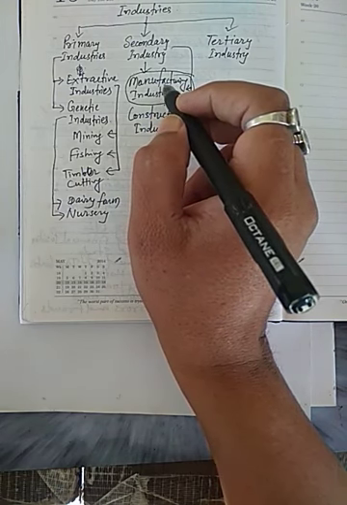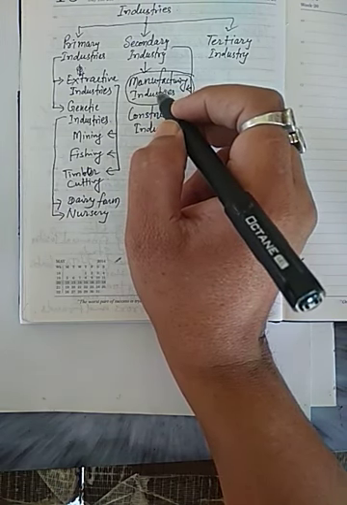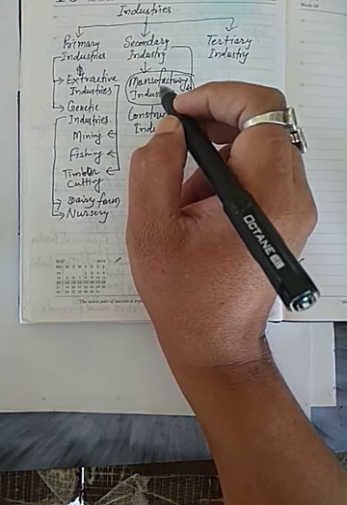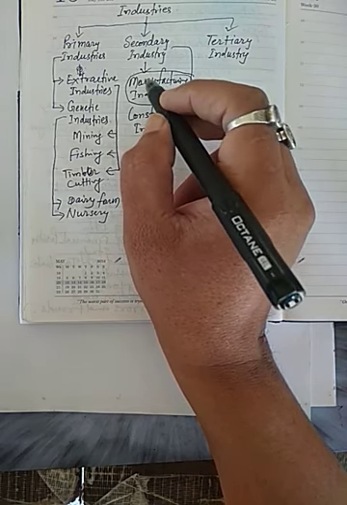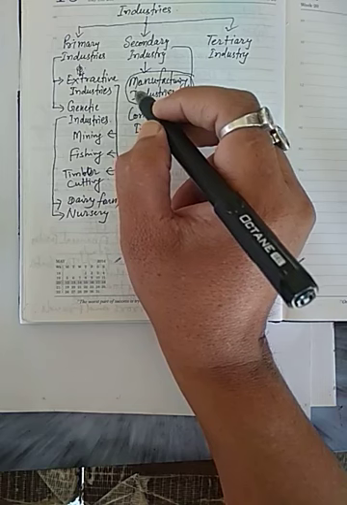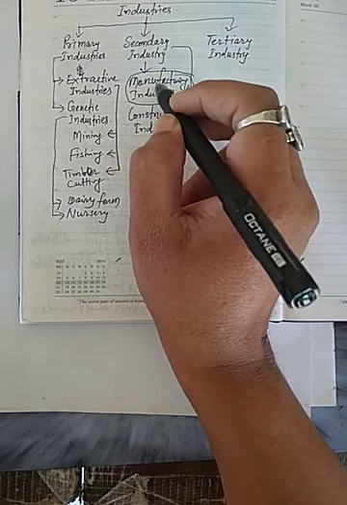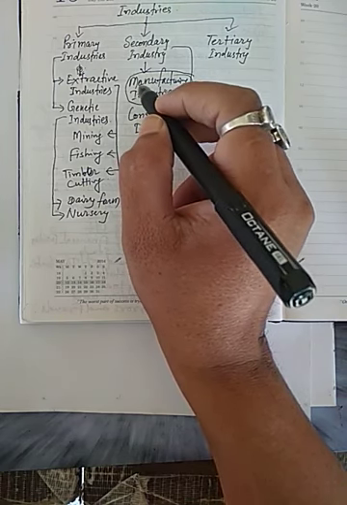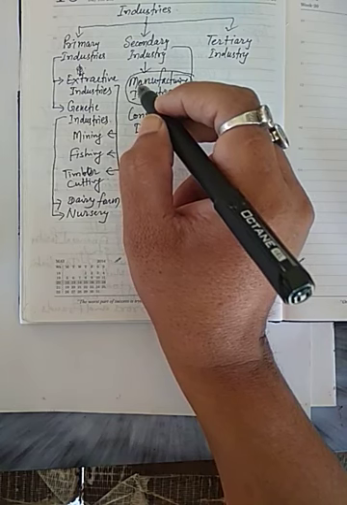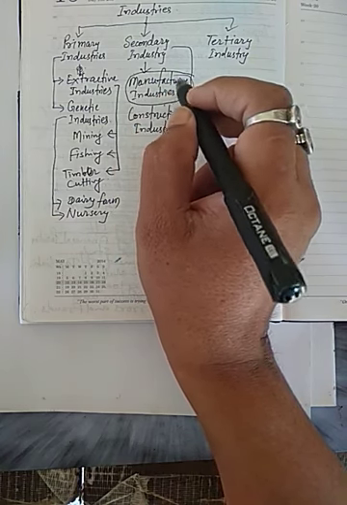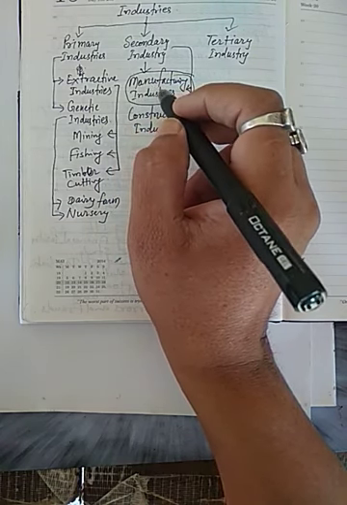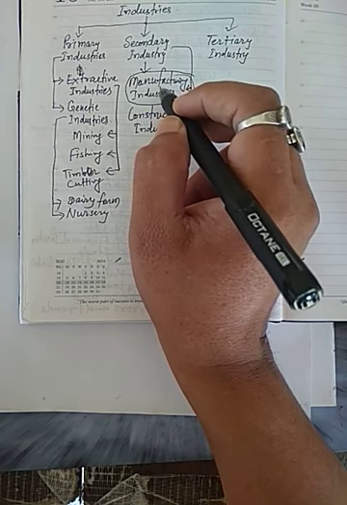These industries create form utility by changing the form of raw material into finished products. For example, timber is converted into furniture.